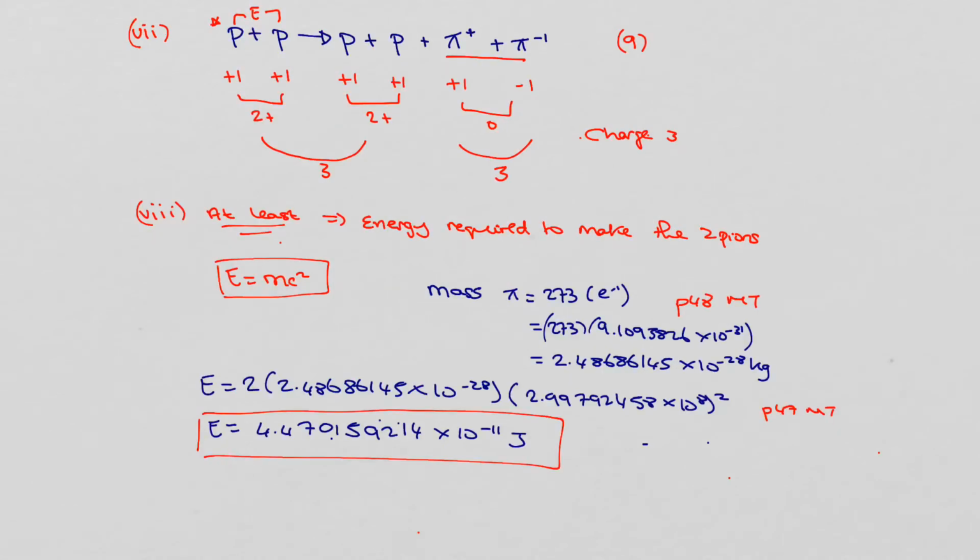Okay, so what were our marks for that calculation? We had to get the mass of our pions first, which was 3 marks. Using our E equals mc squared formula was 3 marks. Getting out the energy required to make the 2 pions was 3 marks.